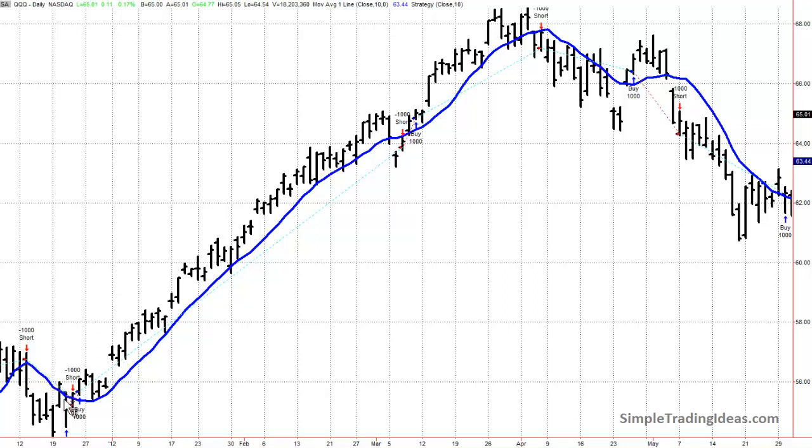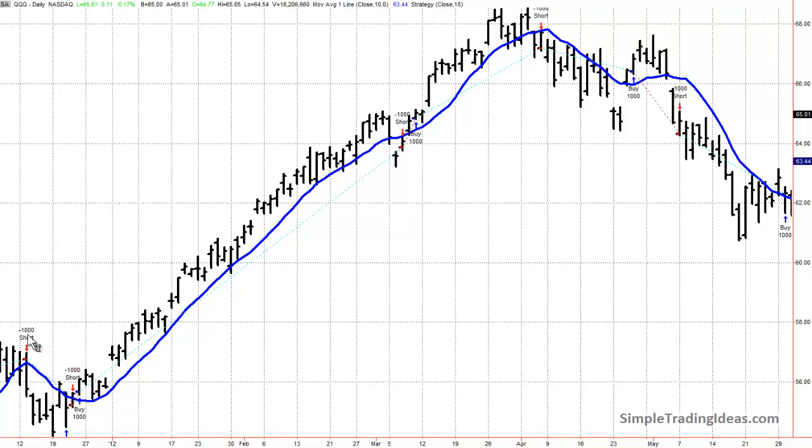So we would have got long, then gotten short over here based upon that close underneath there. Then we have a close right here that's above the 10-period moving average, and we buy right there on the open. You can see the directions and durations of the trades with the little dotted blue lines.